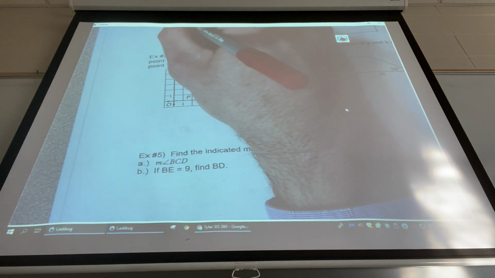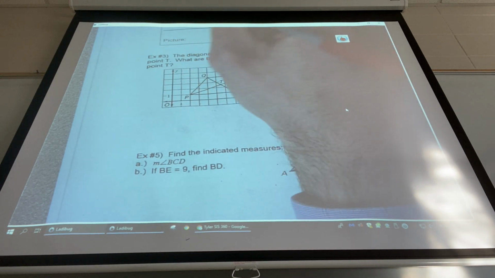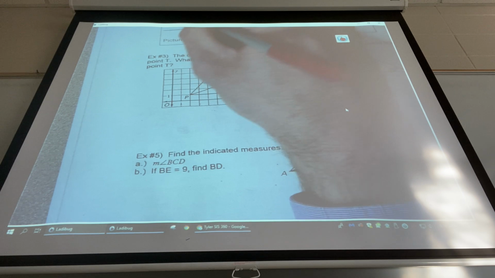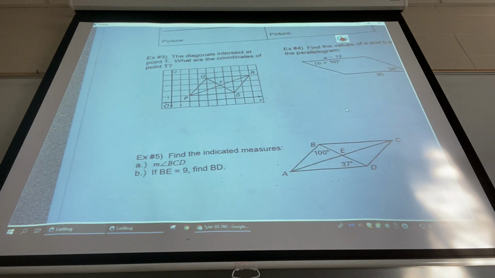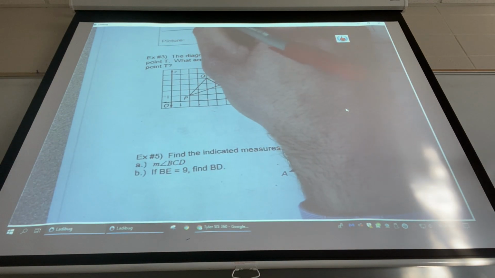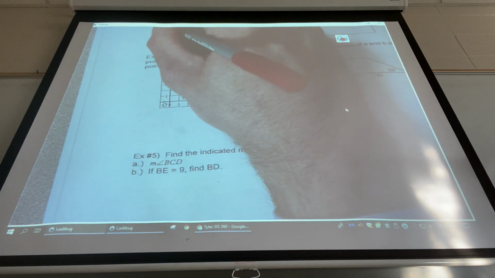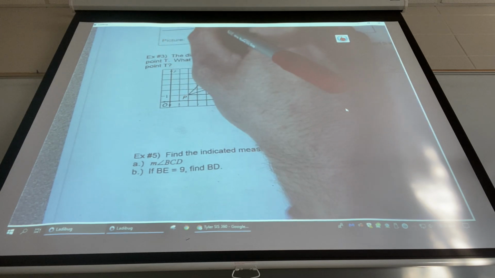So if it's a parallelogram, then its consecutive angles are supplementary.